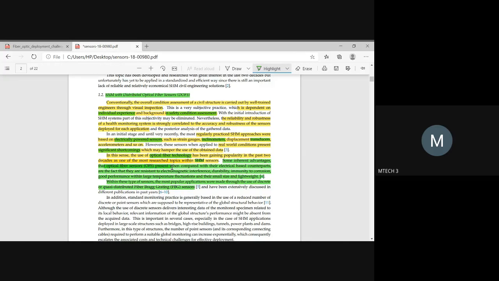Okay, so when the results of these optical fiber sensors were compared with their electrical counterparts, what they found was that the resistance to electromagnetic interference was very good in comparison to the electrical sensors, the durability aspects were good, and it had more immunity to corrosion than the other measuring technique, which is nothing but the electrical sensors.